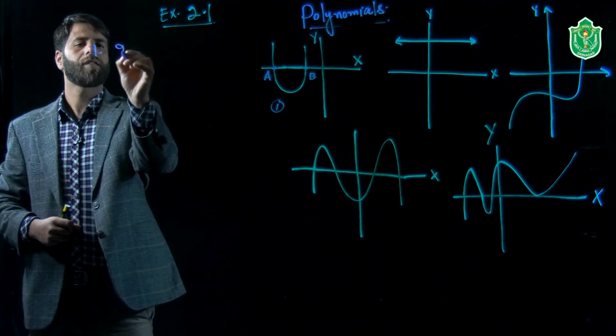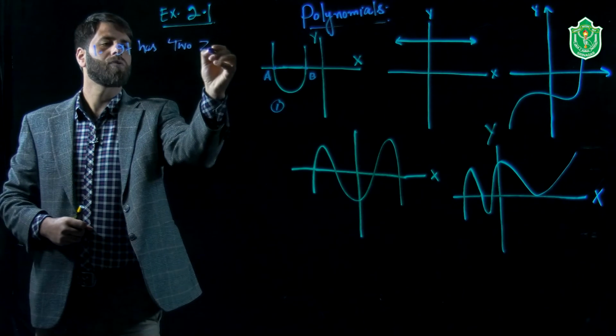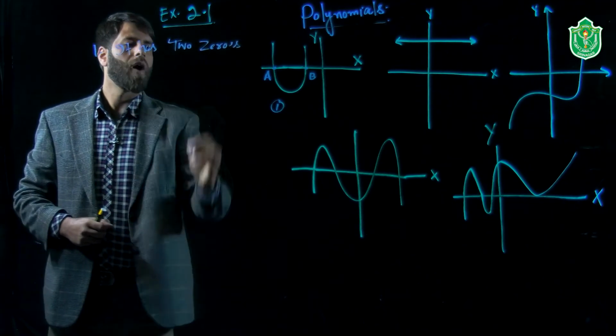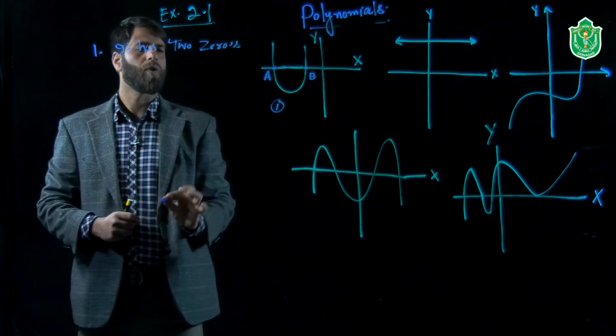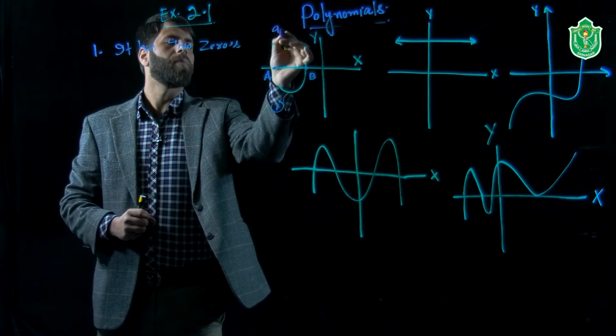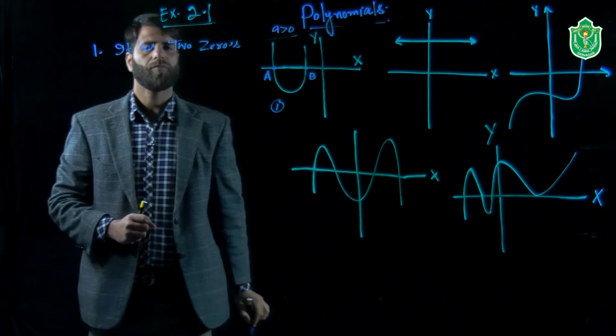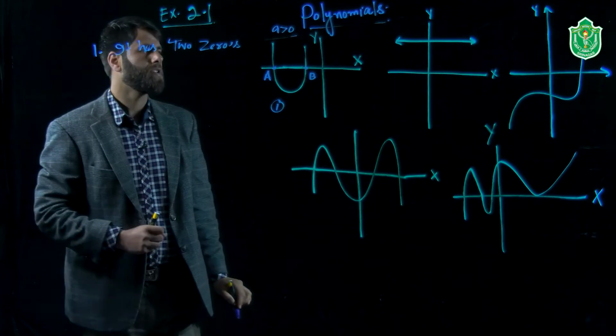So I write here, it has 2 zeros. Why? Because it intersects the x-axis at exactly 2 points. And it is the upward parabola. In this case, a will be greater than 0.